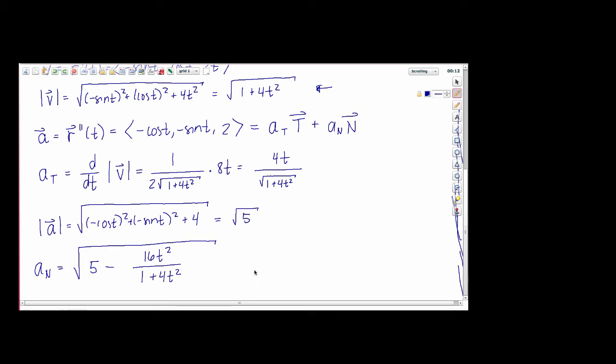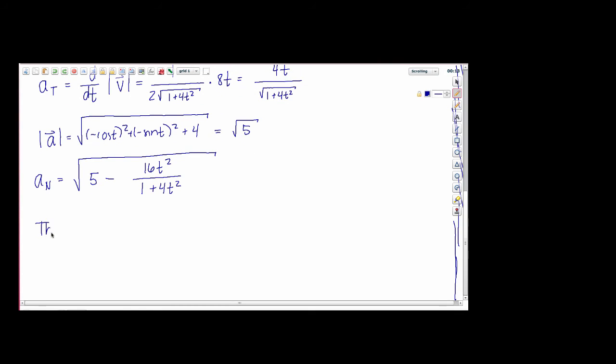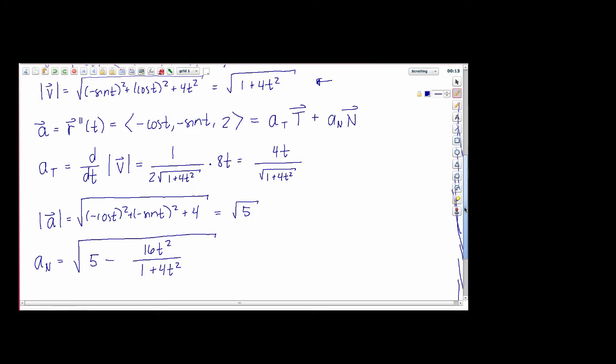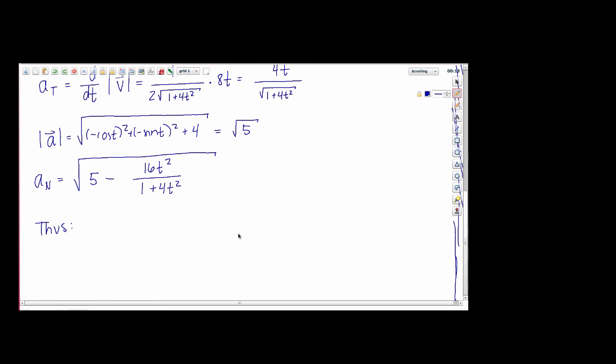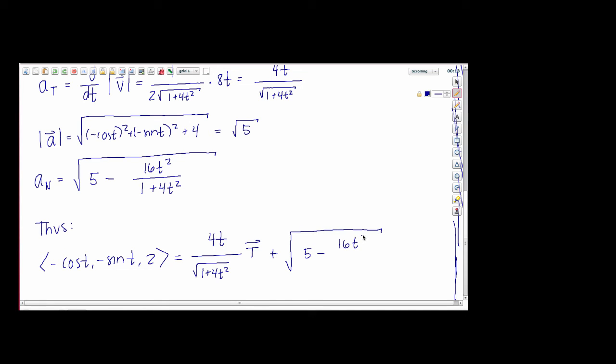So what this tells us finally is that our acceleration vector, which, remember, we found to be minus cosine t, minus sine t, 2, can be written as 4t over root 1 plus 4t squared times the unit tangent vector plus the square root of 5 minus 16t squared over 1 plus 4t squared times our unit normal vector.